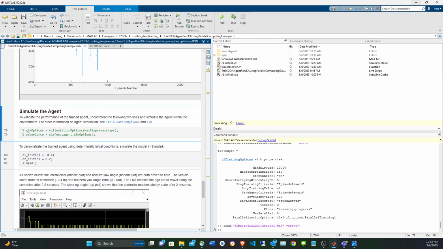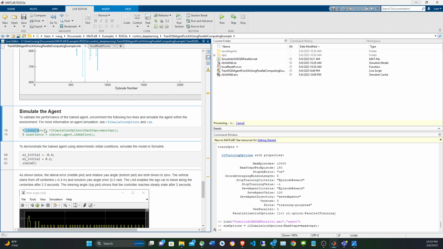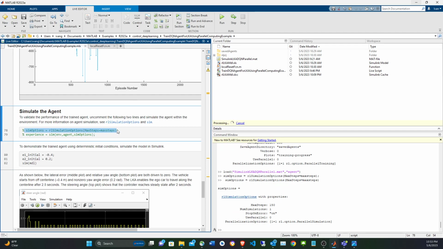And yeah, we can now simulate the agent to get the reward. So let's take the options, maximum steps.